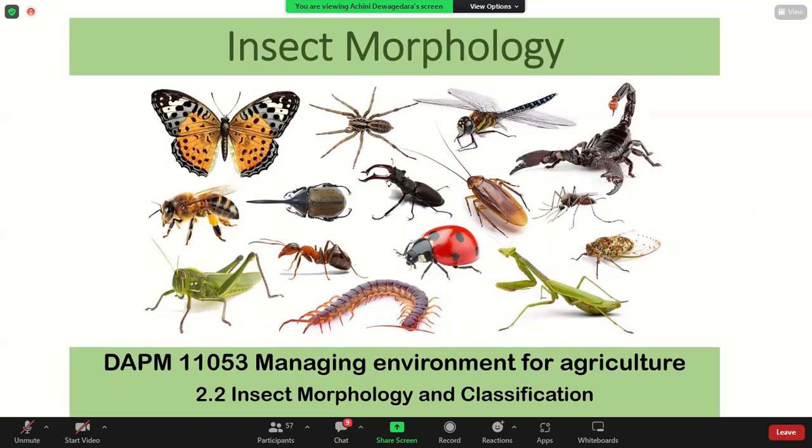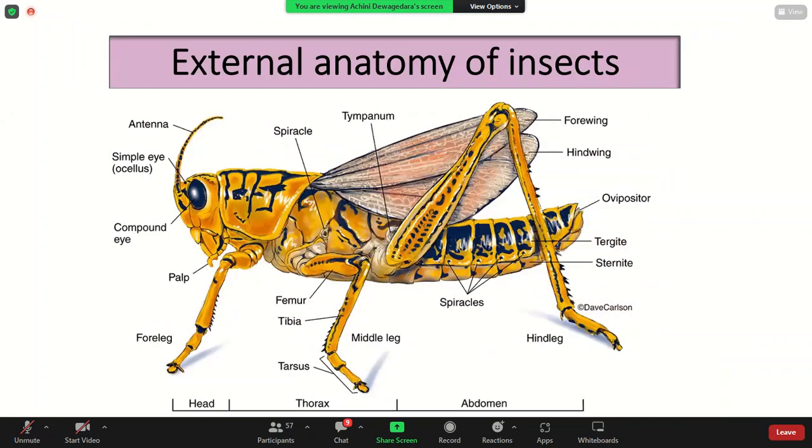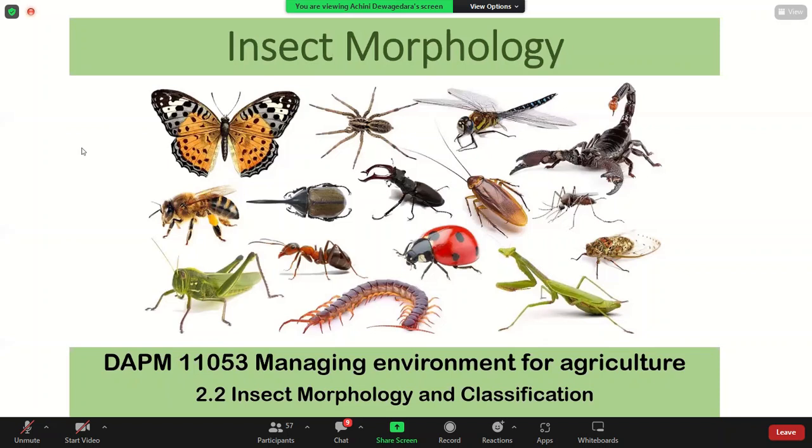Okay. So here you can see different types of insects, and you can see that there is wide variation among insects, right? So first we will be talking about insect morphology, and after the first session we will be talking about insect classification.